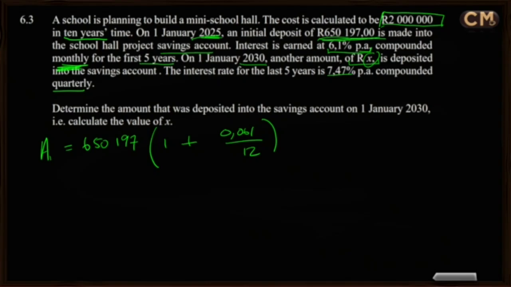And 5 years, the first 5 years, so 5 times 12 is equal to 60, and that gives us an amount of 881,392 rand and 29 cents.